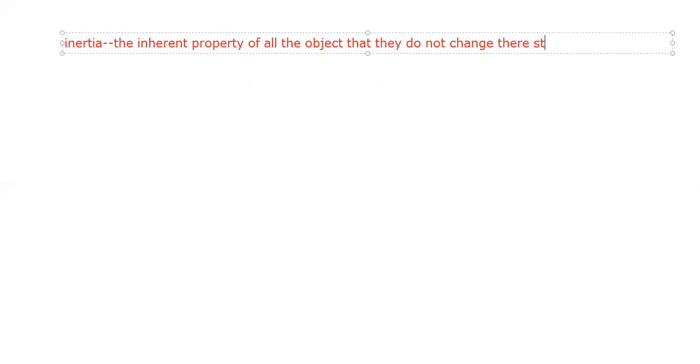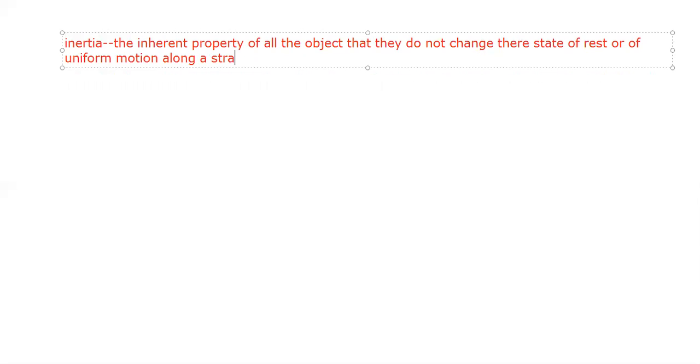What is inertia? The inherent property of all the objects that they do not change their state of rest or of uniform motion along a straight line path, unless acted upon by an external force, is called inertia.